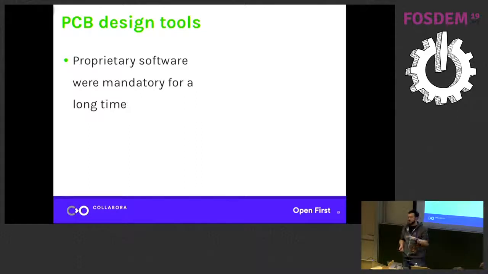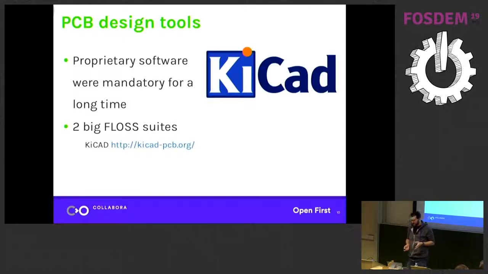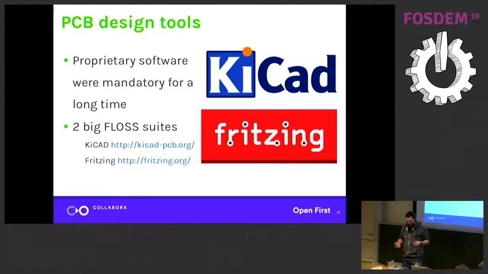I'm talking mid 2000s right now. Right now we have, in my opinion, two big free and open source software suites, which are KiCad, of course, or CAD, sorry, I'm pronouncing it the French way, and Fritzing.